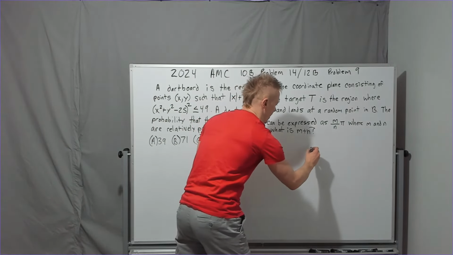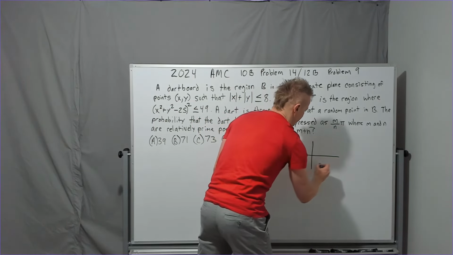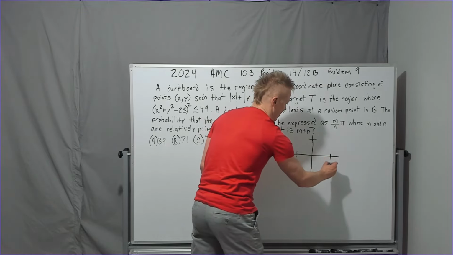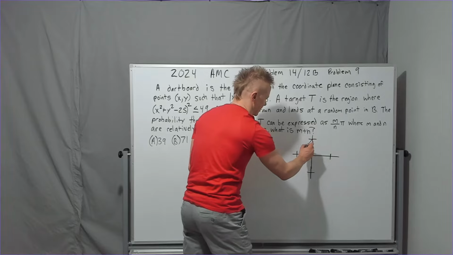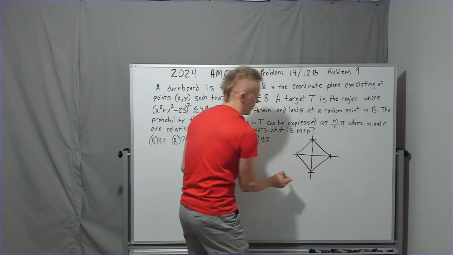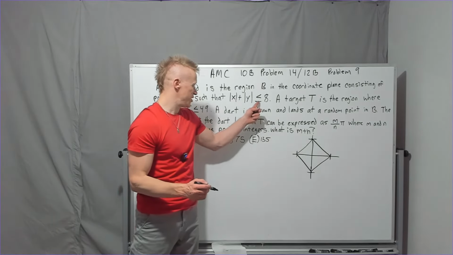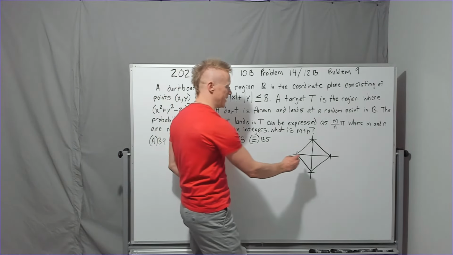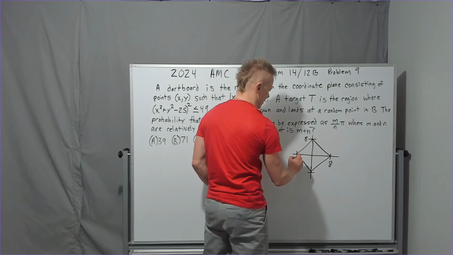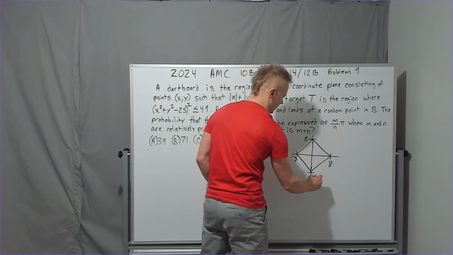Let's go ahead and graph that. So you're going to go over here, you'll go up to 8, -8, 8, -8, and it's going to go like this. Now, you're inside of that region, less than or equal to, so it'll be inside of there. There's 8 and 8 and -8 and -8 here.